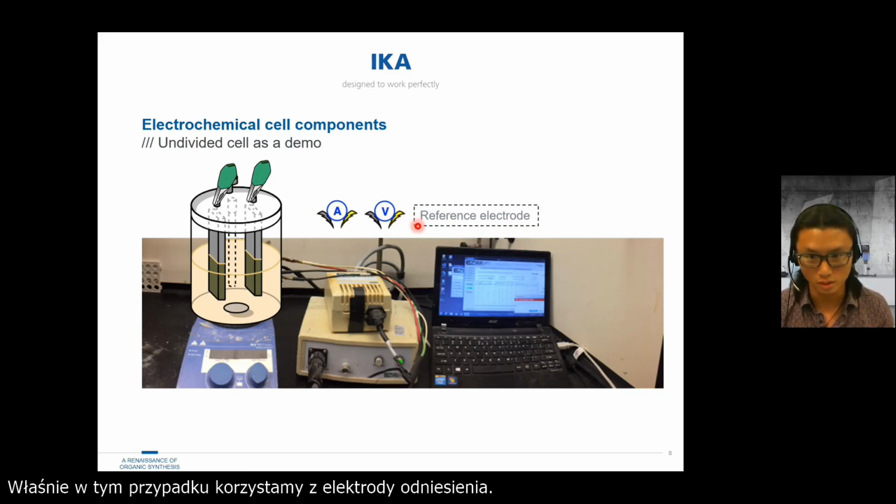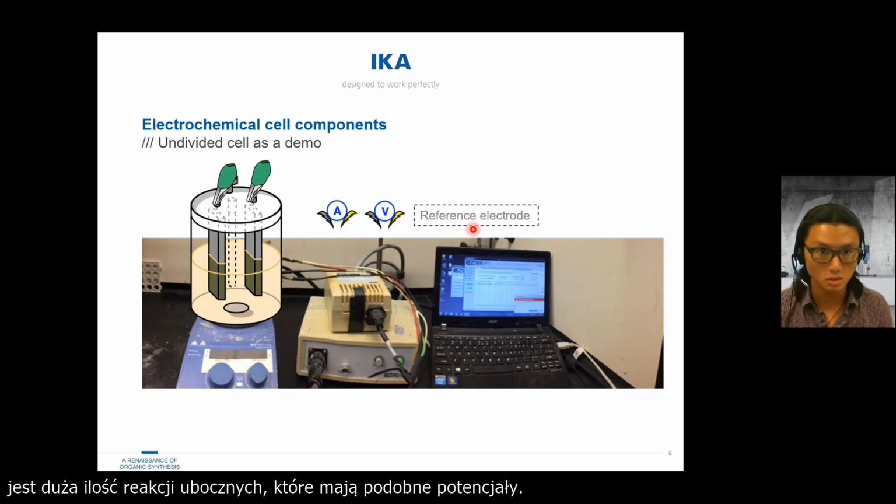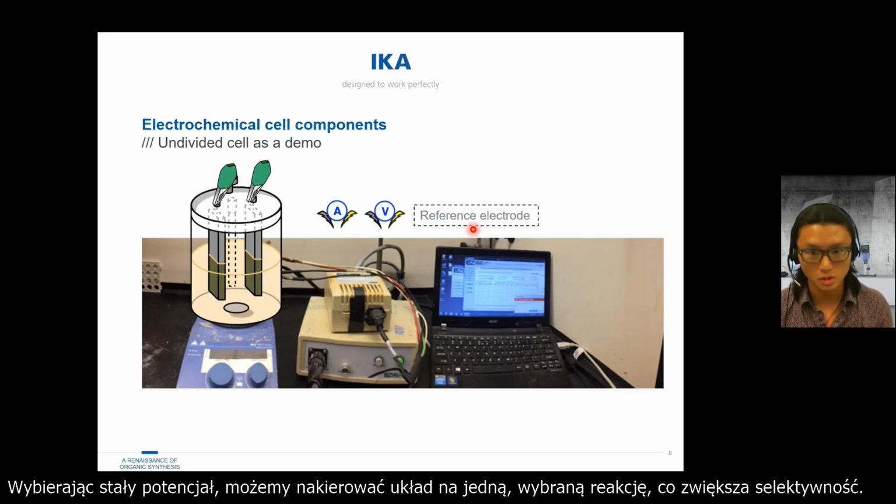And this is when a reference electrode is required. The reason we have the constant voltage reaction mode is that some reactions have a lot of side reactions whose reaction voltages are very close. So by choosing a constant voltage, you are dialing into a specific reactivity so that you are able to improve your reaction selectivity.